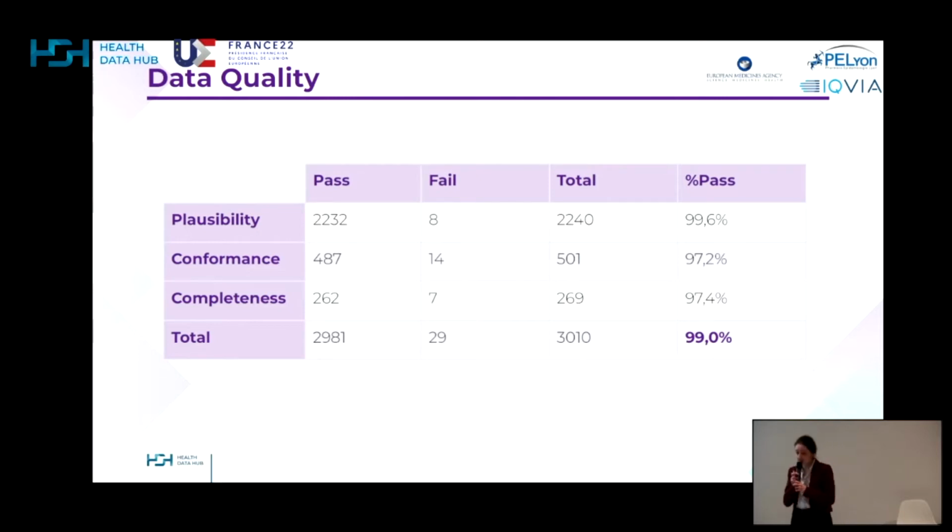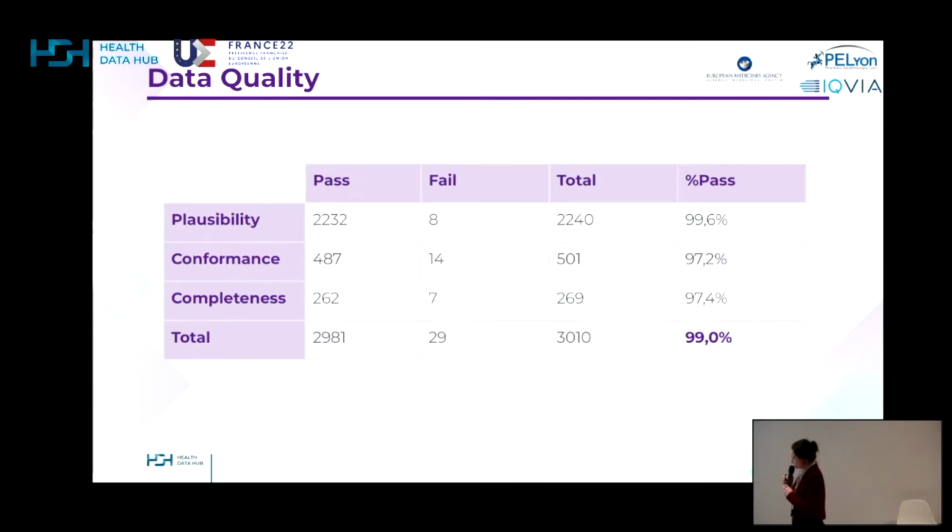For instance, if the primary keys or foreign keys are respected, and if the types are good. And regarding completeness, a part of it is about vocabularies mapping: if the source vocabularies are mapped onto standard vocabularies, and if the mandatory fields are filled in.